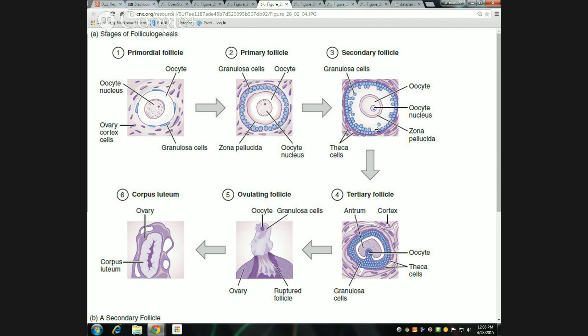So this cell here is just represented as a little cell right there. In fact, that cell's probably grown in size. So we're really pulling out to look at the whole follicle as a bigger structure around that. The empty space that we see in the secondary follicle is the empty space that we see here, which is labeled as the antrum.